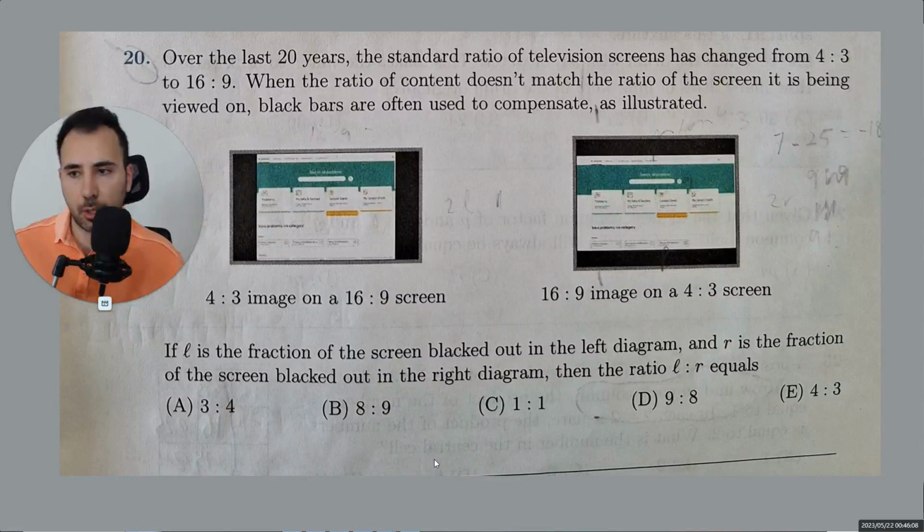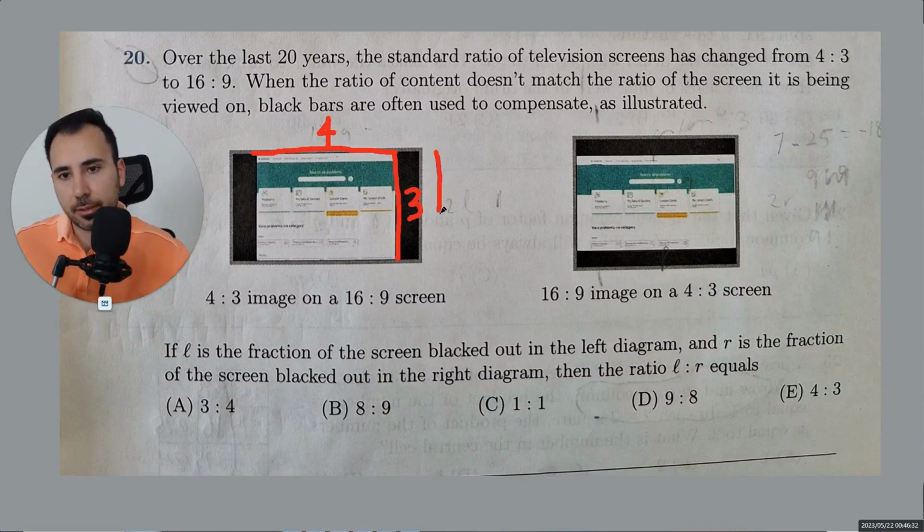It's a ratio question, so we could assume any numbers that we want, right? This is 3. 3 what? It doesn't matter. 3 meters, inches, feet, kilometers, doesn't matter. So this is 3, this is 4. Now, this one is 9. But the units wouldn't be the same.